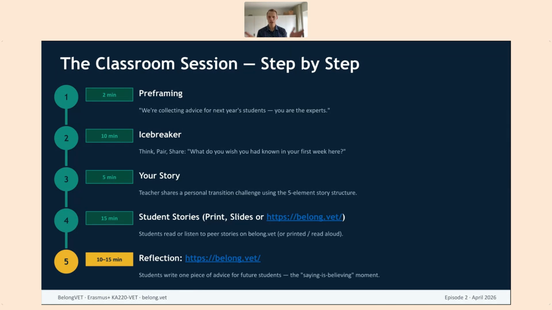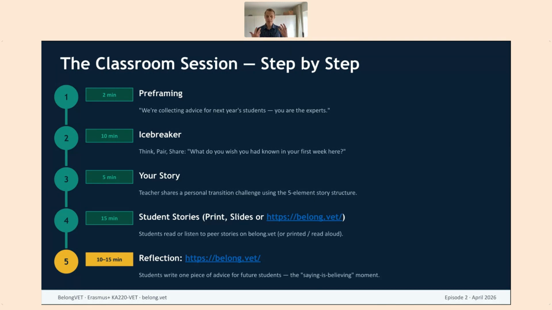Depending on how you're conducting this, this was done very differently across our different partners across the different European countries. Some did actual prints of the story, so students could read, just one-on-one. They could sit down, read the stories. Some added the stories to slides and read them out aloud.